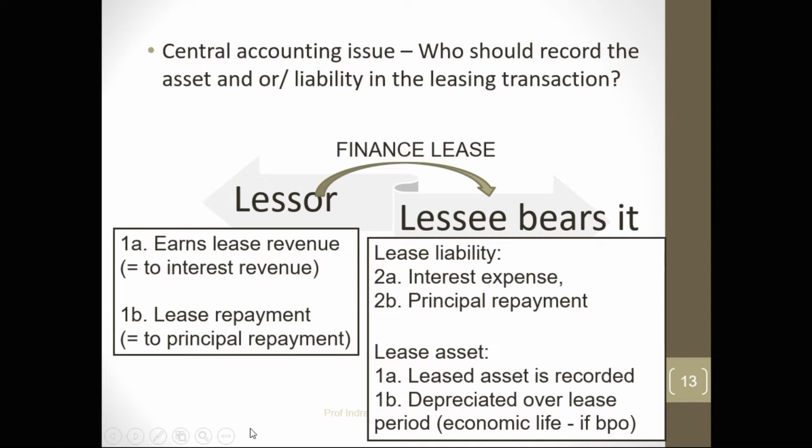For the lessor, the lessor will receive the lease repayment, and also the lease repayment is equal to the principal repayment, and the interest expense is equivalent to the interest revenue, which the lessor then earns as lease revenue.